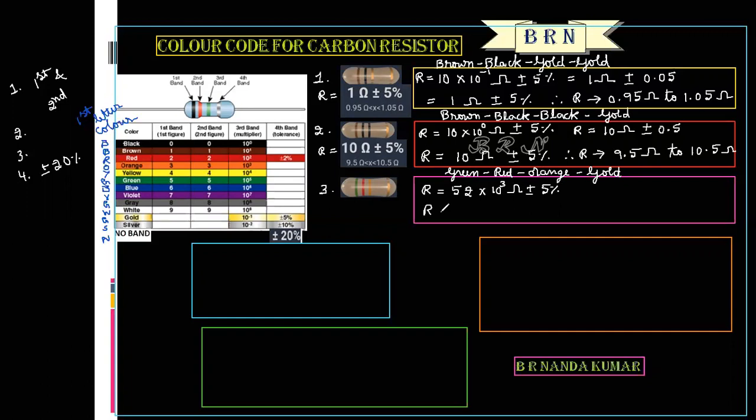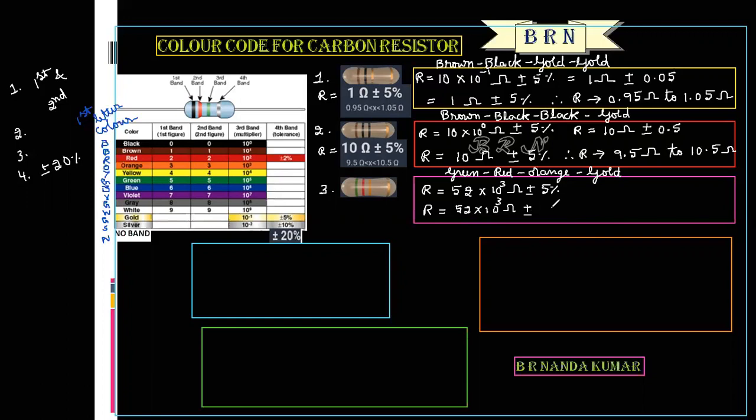So R is equal to 52 into 10 power 3 ohm, plus or minus 5% of 52 into 10 power 3. 1% of 52 into 10 power 3 is 520.